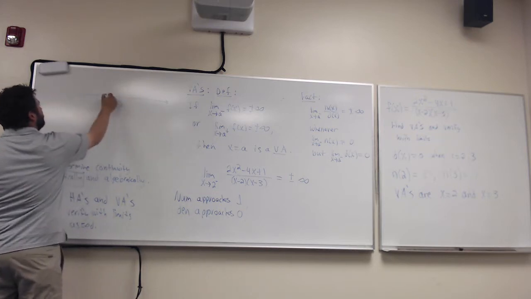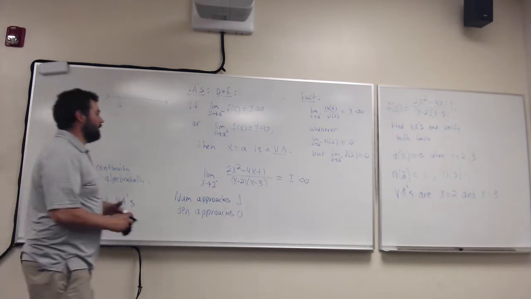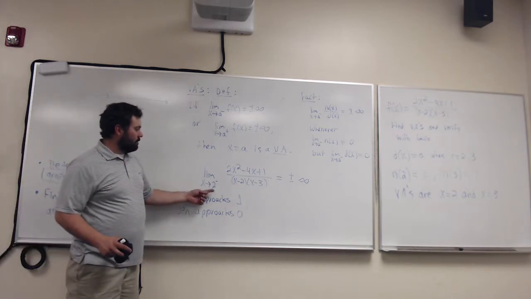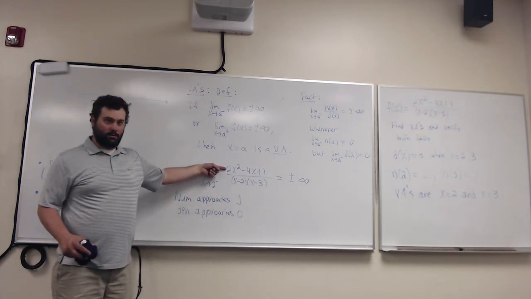Say that's positive 2, we're approaching from the left. You can just pick a test value to test the sign. Pick something like 1.9 or something. Okay. Or think of it like this. The numerator, when you get close enough to 2, since it approaches 1, is going to be positive eventually.